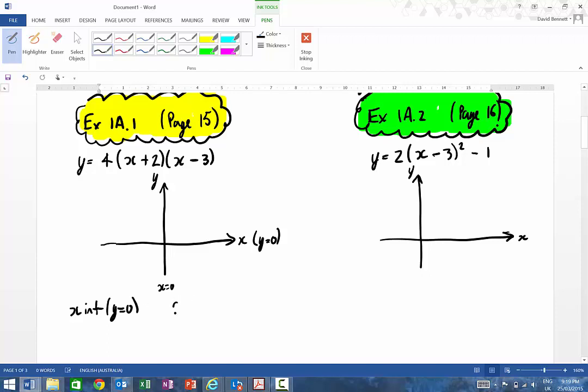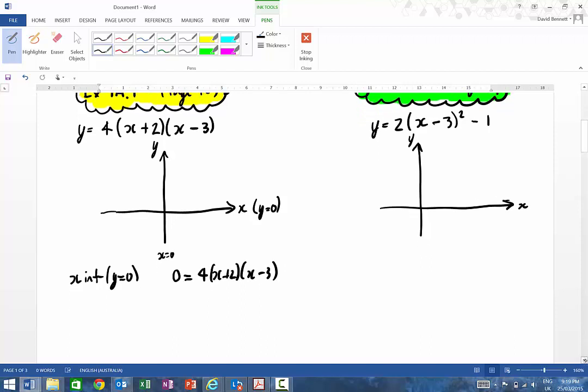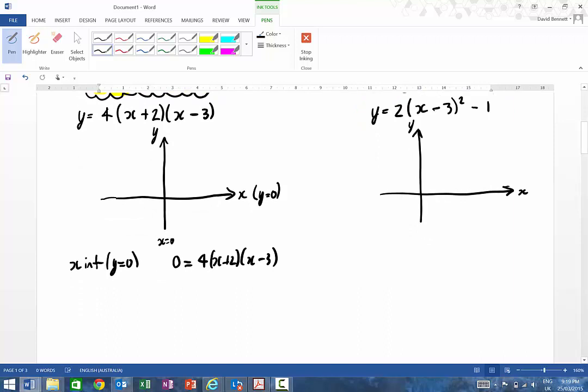So in other words, your equation is going to become equal to 0 for 4(x plus 2)(x take 3). So we can say either this value here is equal to 0 or that value there is equal to 0, or in fact both of them can be equal to 0.